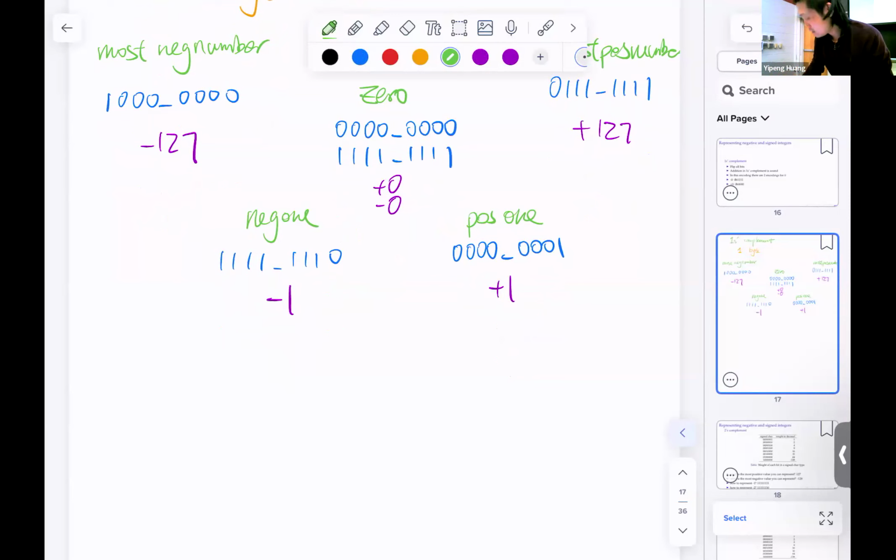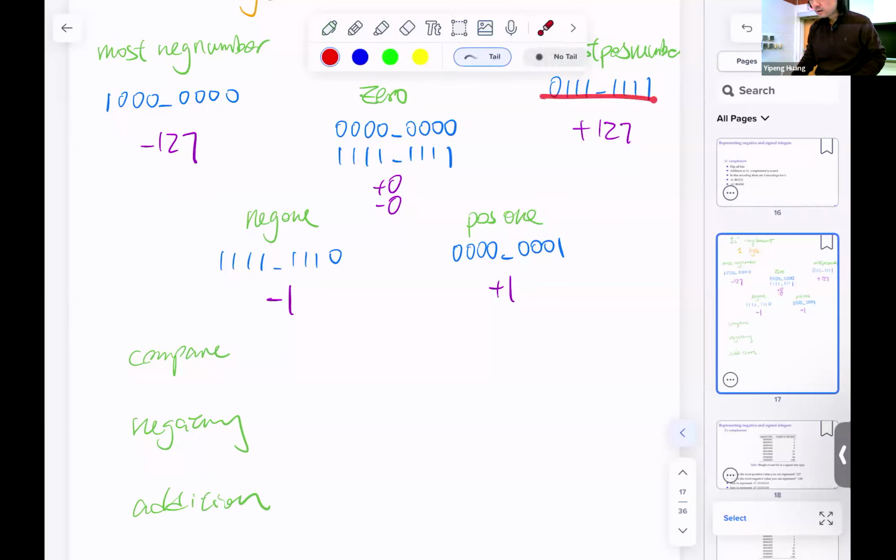So let's consider comparing numbers, negating numbers, and addition. So what can we say about comparing numbers here? Well, comparing equality is the same, right? I can take 2 numbers. If they are equal in value, positive 127, their bit strings will represent the same thing.